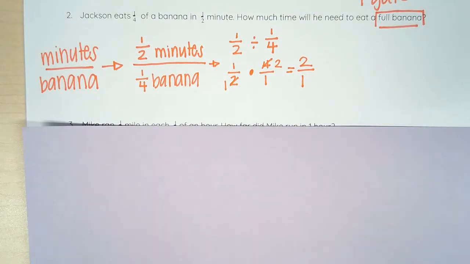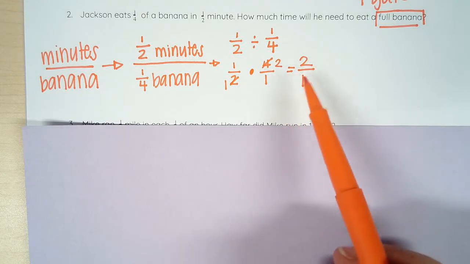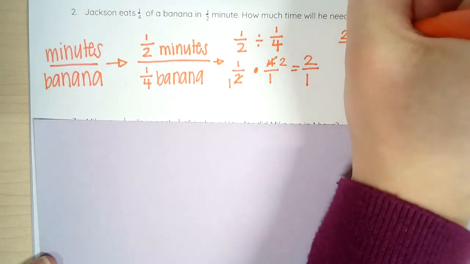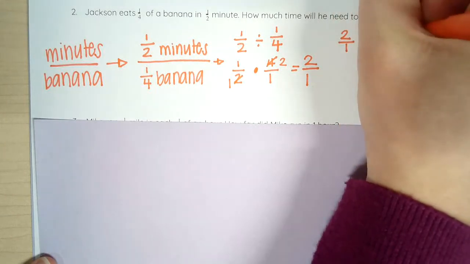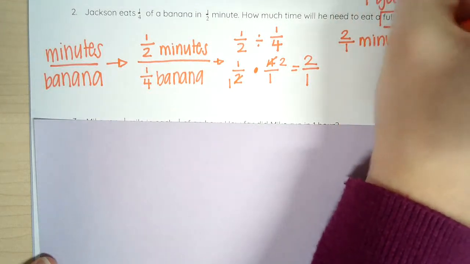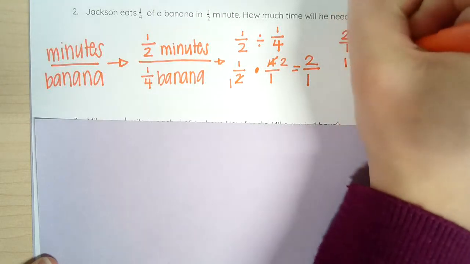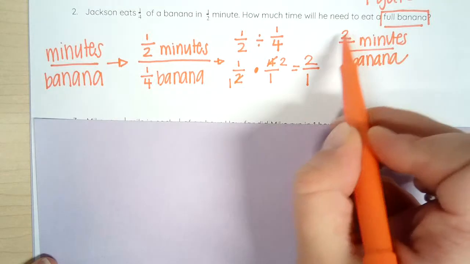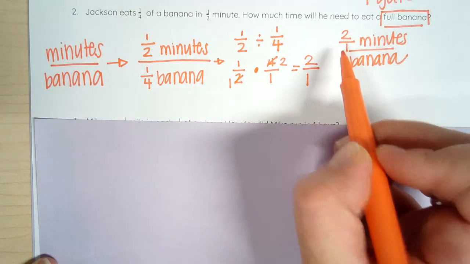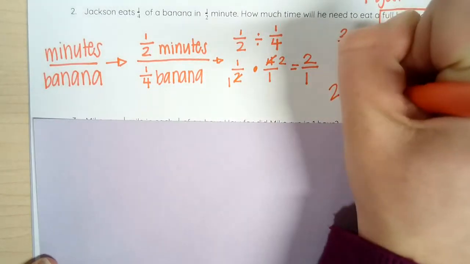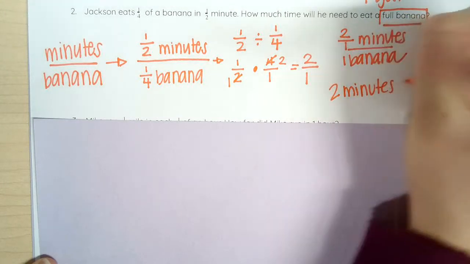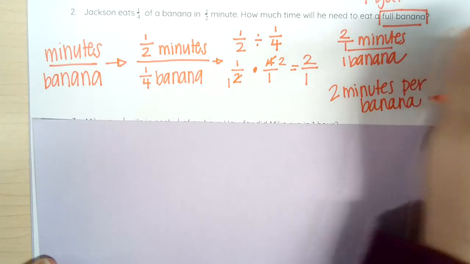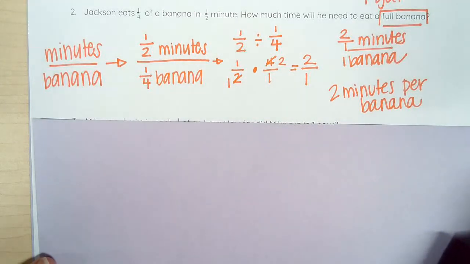Again, sometimes this might not lead to a whole number. In this case, it does. So it tells us that our answer is 2 over 1 minutes for 1 banana. Because this is a whole number, we would then write 2 minutes per banana as our answer.